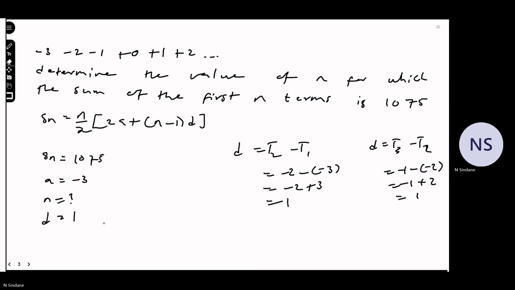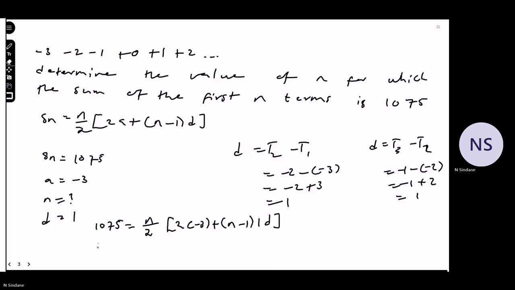From there, we can substitute. Sn is 1075. This is equal to n, we don't know, divided by 2 into (2 times the value of a, which is negative 3, plus (n, we don't know, minus 1) times 1). Then this will be 1075 multiplied by 2.